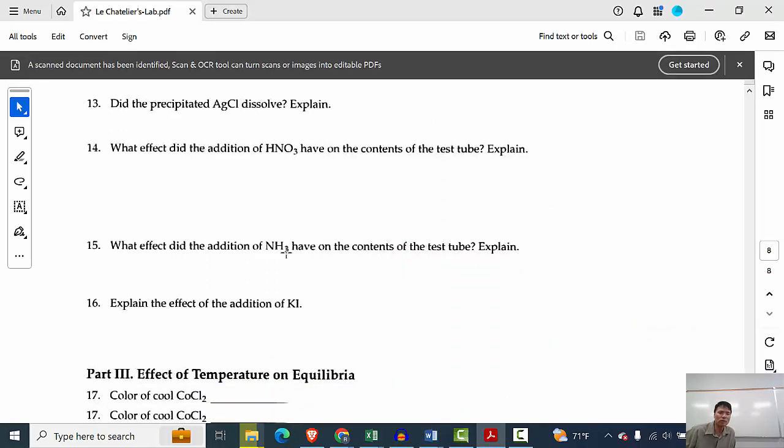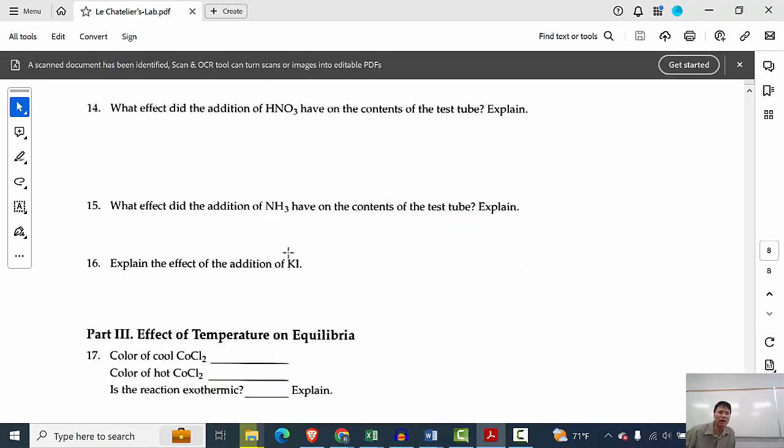14. 15, what effect did the addition of ammonia have on the contents of the test tube?